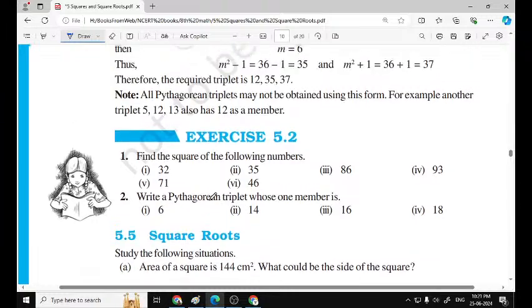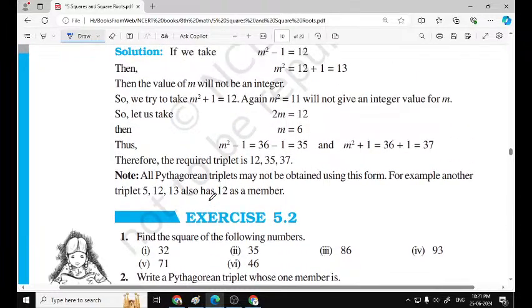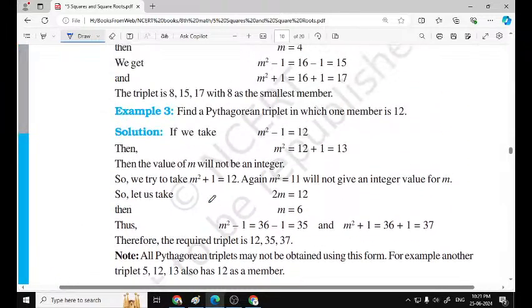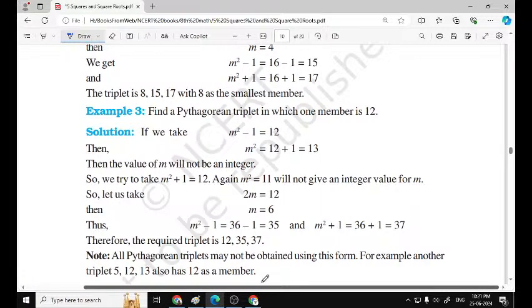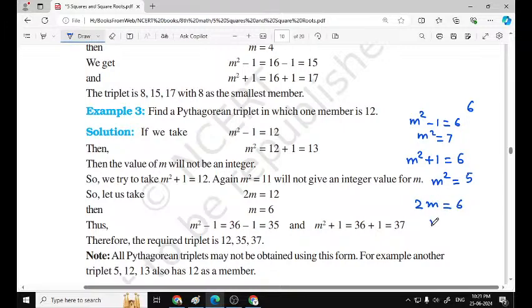Now 6 is one number. Let us use the same method. If we take m square minus 1 is equal to 6, then m square is equal to 7, which is not a perfect square. So let us consider m square plus 1 is equal to 6, that is m square is equal to 5, which is again not a perfect square. So let 2m is equal to 6, so m is equal to 3.